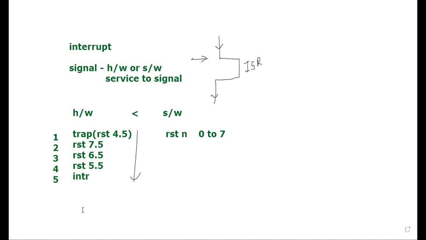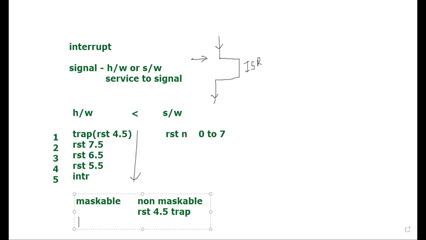Then the interrupts are divided into maskable and non-maskable interrupts. The maskable interrupts are those interrupts which can be avoided or kept pending, while non-maskable interrupts will not be kept pending. The service has to be given to them. So RST 4.5, that is trap, is your non-maskable interrupt.